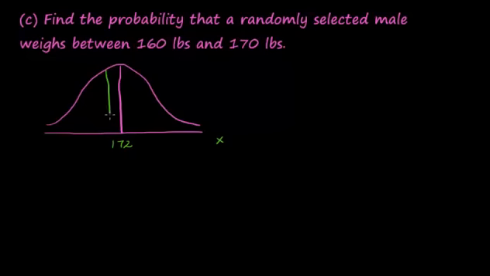So let's see. We'll say that's 170. Not a very good job there. And 160. Okay, we know they're both to the left of the mean. And now let's shade our area. Okay, so a little slice right here, obviously less than 0.5 or 50%.